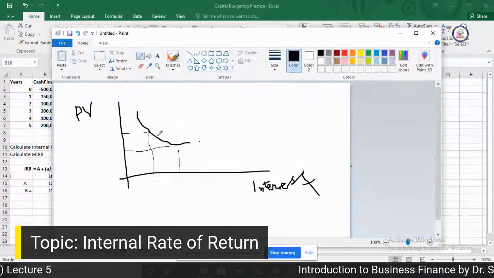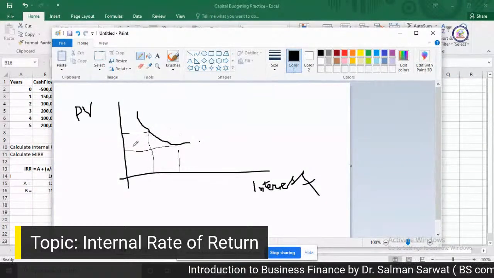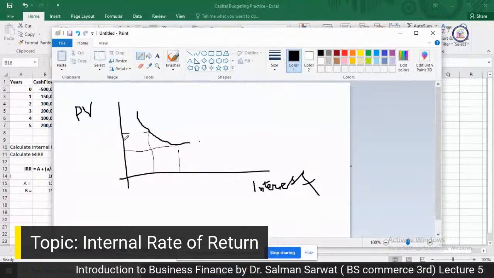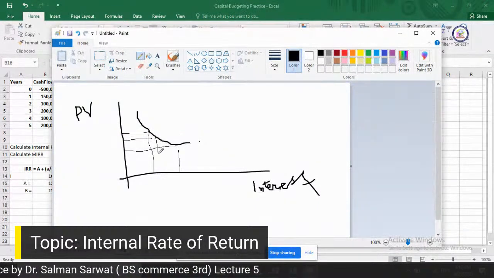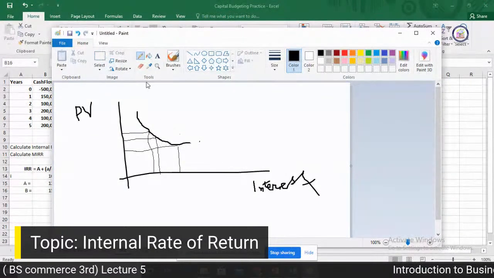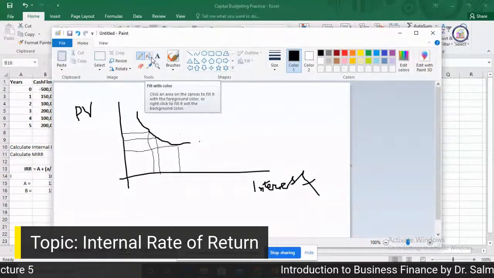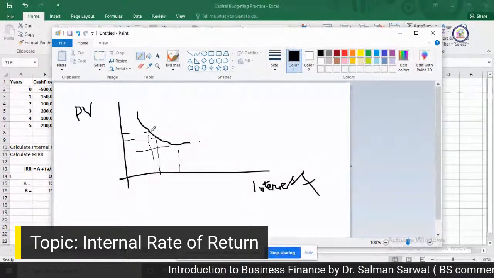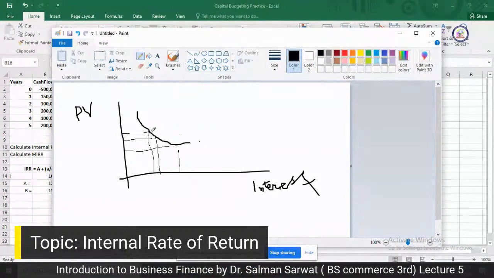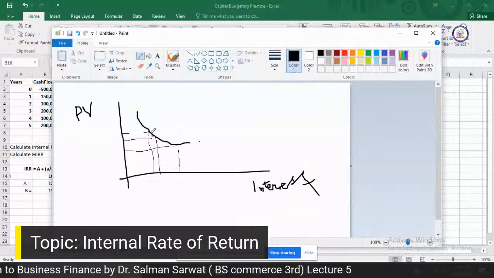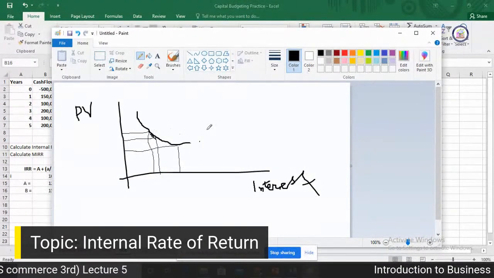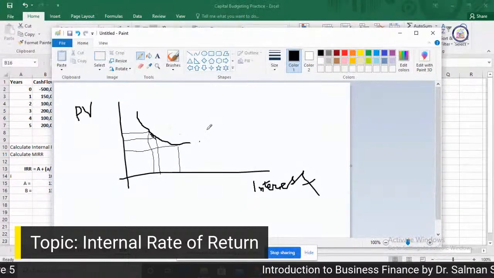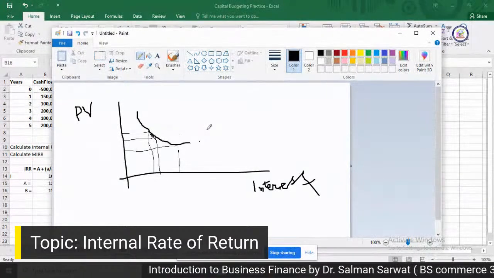So what we can do is try to find two rates which are very close to each other, like this. In that case, this line here becomes almost a straight line, so the chances of error will be reduced.